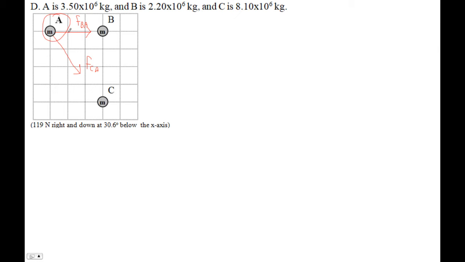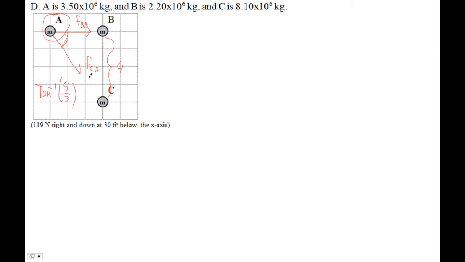And then this angle right here, let's figure out that angle. If we just draw this whole triangle, this side is 1, 2, 3, 4. This side is 3, right? So it'd be the inverse tan of 4/3, right? Is this angle here?